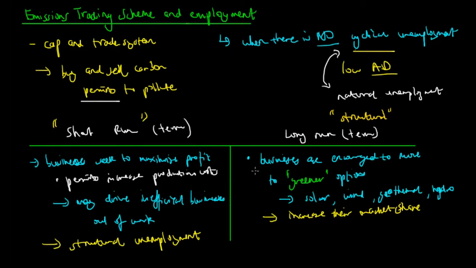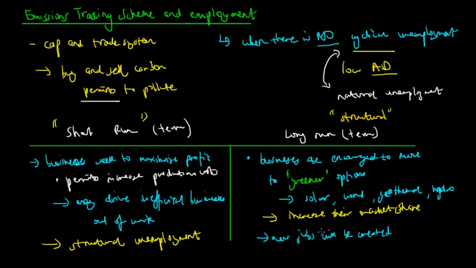And so by encouraging businesses to move to greener options or greener ways to produce, this would actually create new jobs in this sector. So new jobs will be created. So instead of jobs being created in coal mines, they may be created in sectors such as the solar energy sector or the wind energy sector or the hydro energy sector.